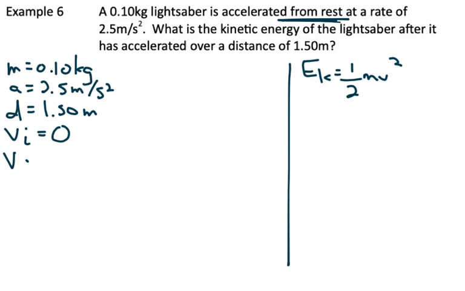And vf is what we need to find at this point. So the variables that matter now are a, d, vi, and vf. One equation has all of those. That would be vf squared equals vi squared plus 2ad.